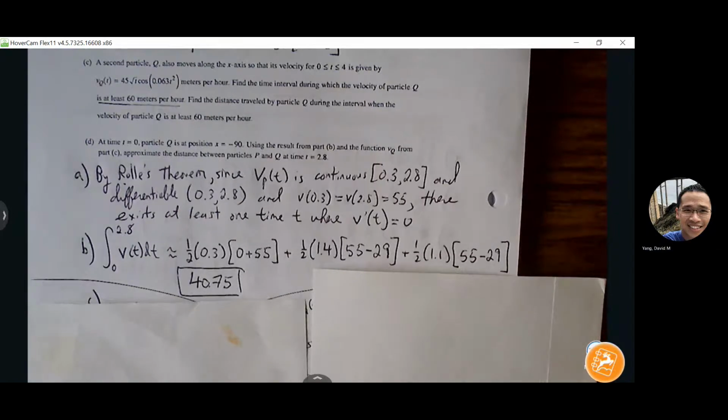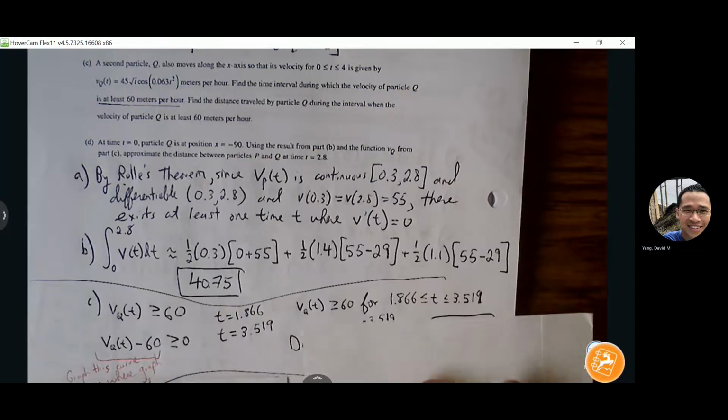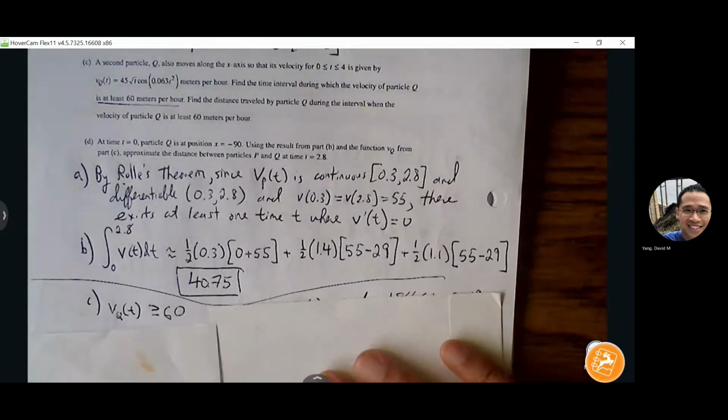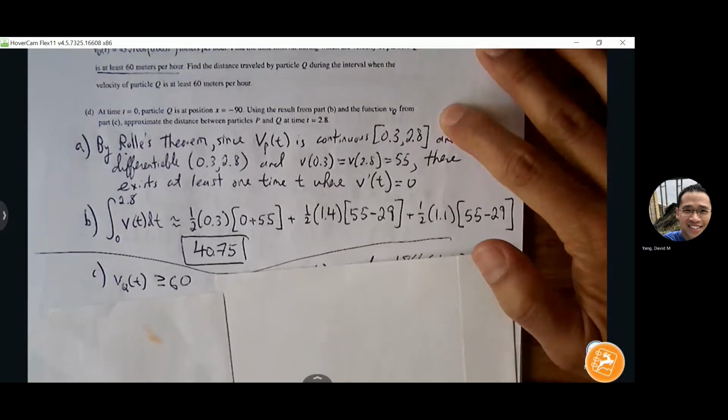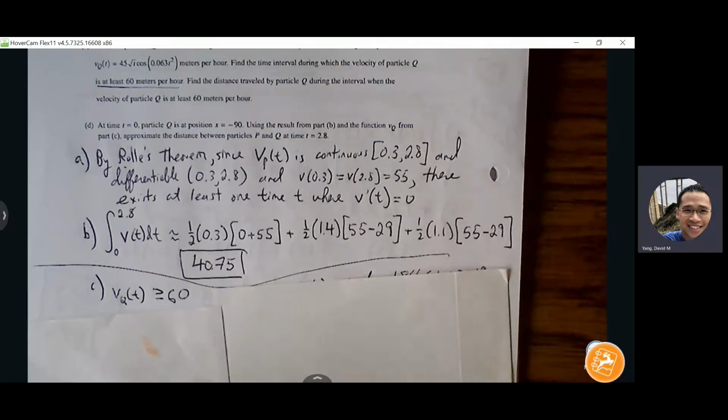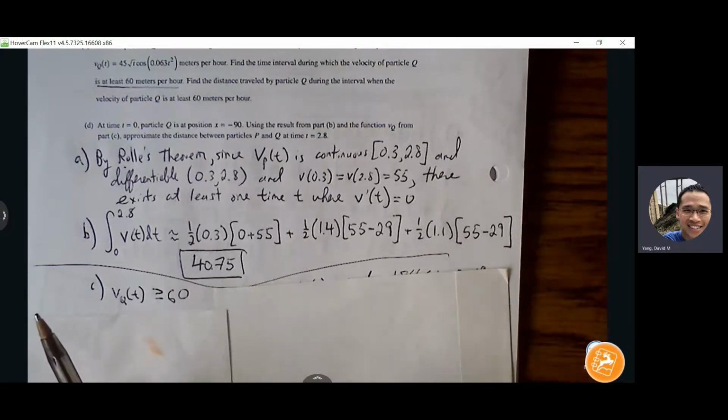So this is what we're trying to achieve here. We're trying to figure out when is my velocity going to be greater than or equal to 60. So that's my goal. All right. So how can I use my calculator to help me out here?